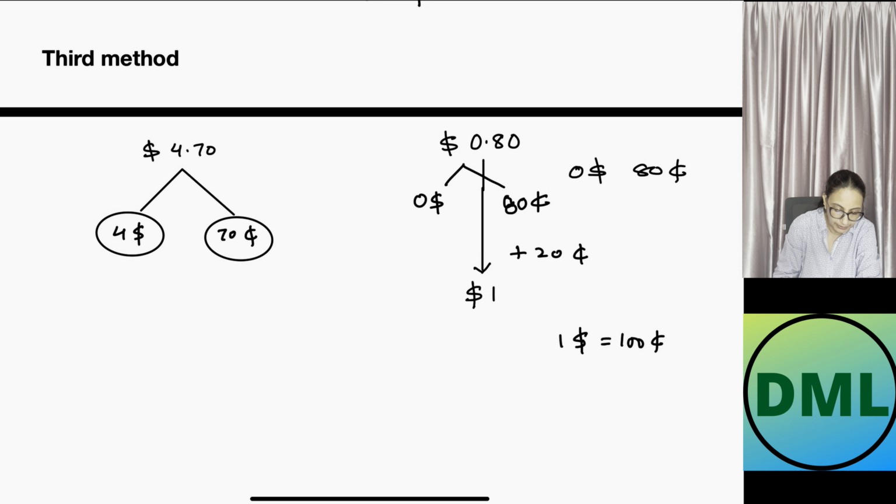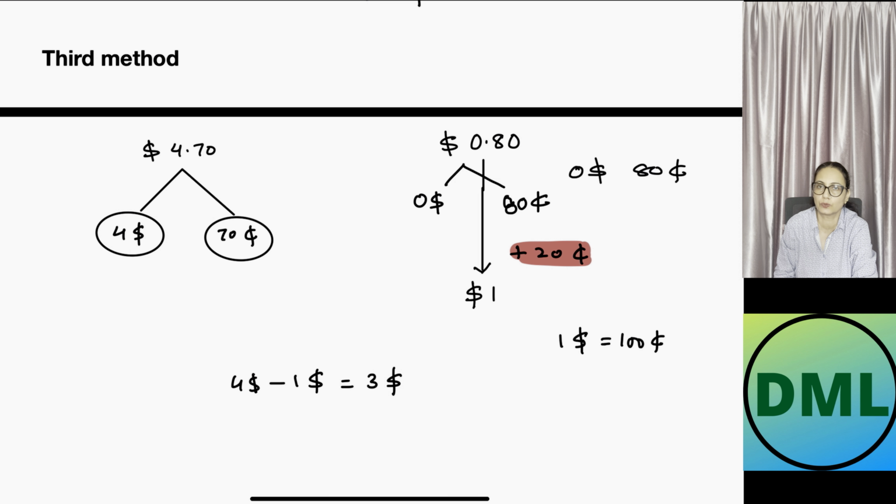We need to remember that this is our 20 cents. We added it. Next, we have to subtract. We need to subtract $1 from $4. 4 minus 1 is $3, right? So it is basically $4 minus $1 I am subtracting. My answer is $3 only.